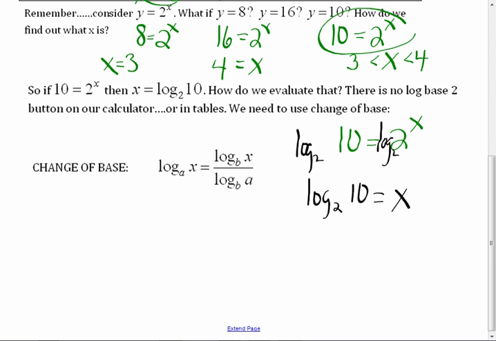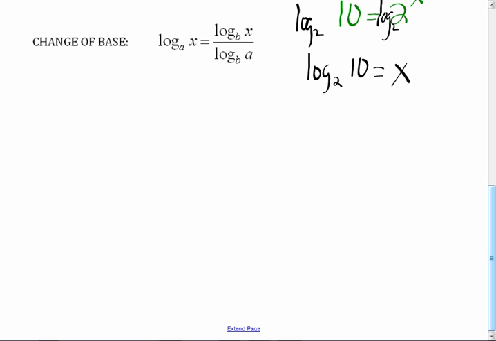On the 84, you don't need the change of base. There's a button, which is nice. However, to take the derivative of this stuff, I have to do a change of base to figure it out. So do you remember how to do that? No. What are the only bases we have? Base E and base 10.